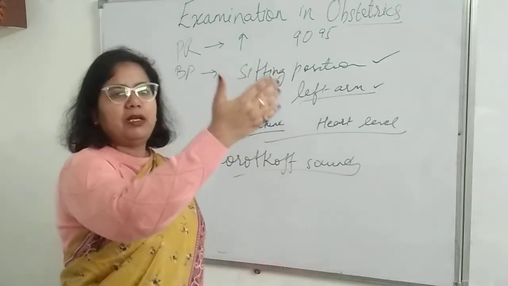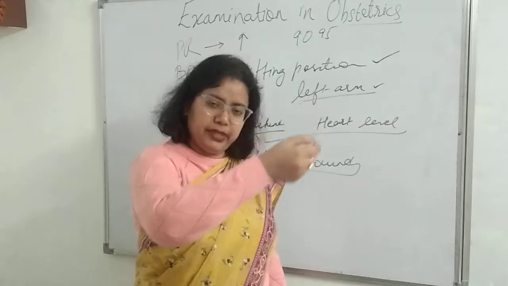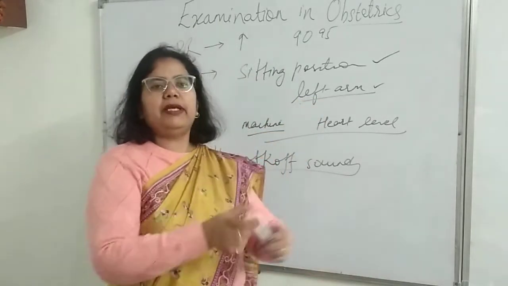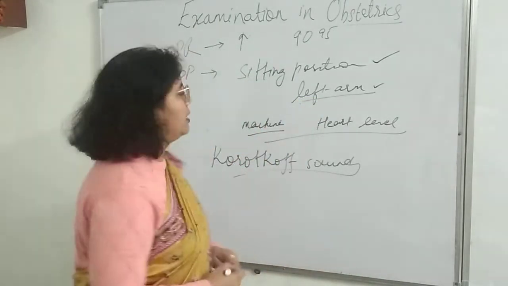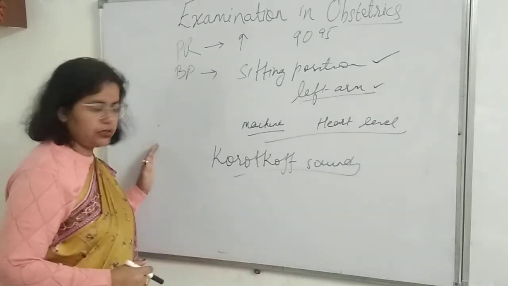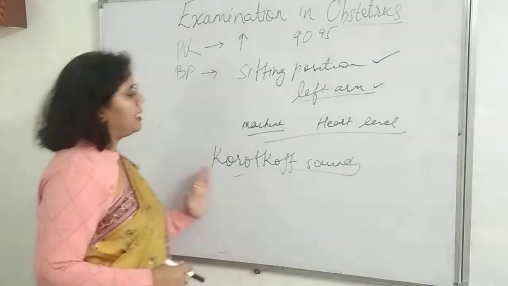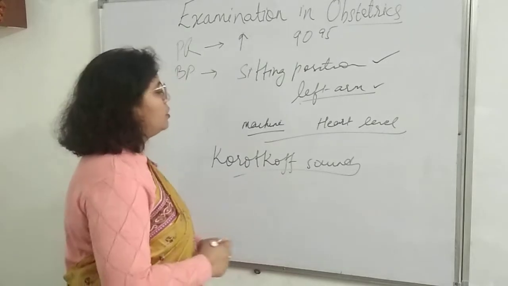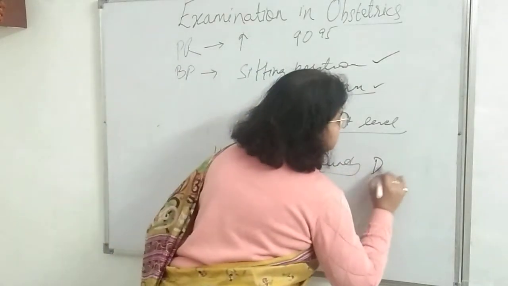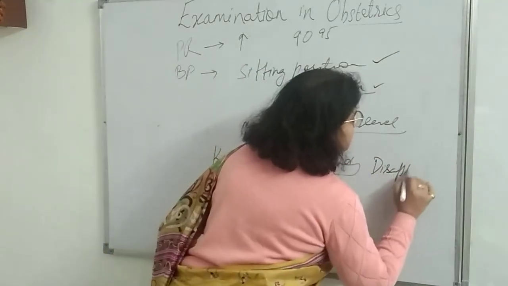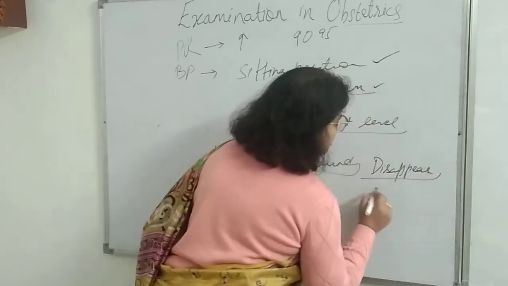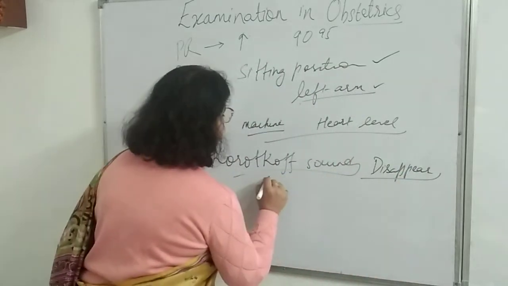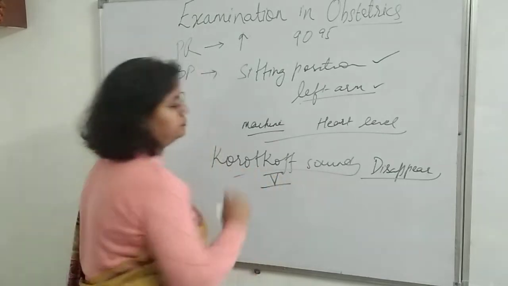Go 20 millimeters above it and then slowly deflate it. Then you will get where the sounds appear. That is called systolic blood pressure. And the diastolic blood pressure is when the Korotkov sounds disappear. This is important. Disappearance is called Korotkov phase 5.